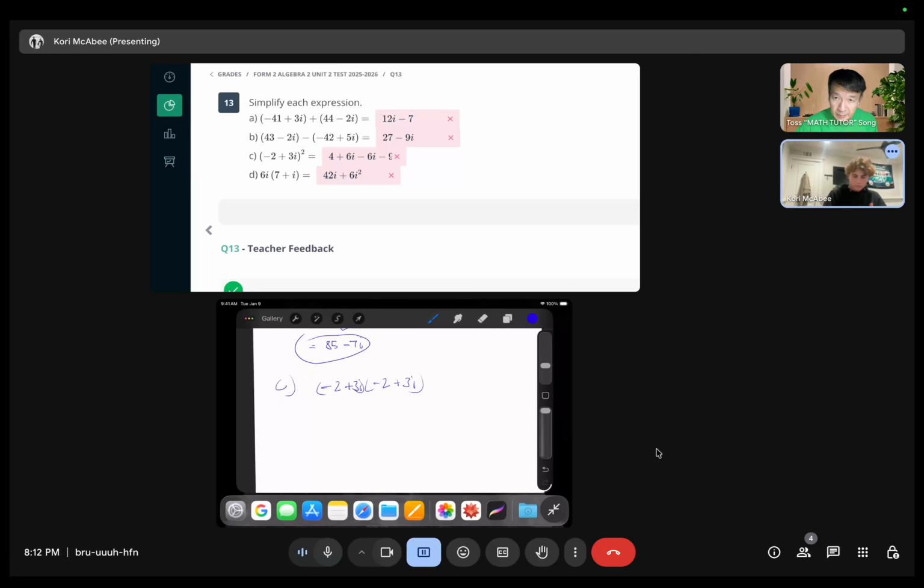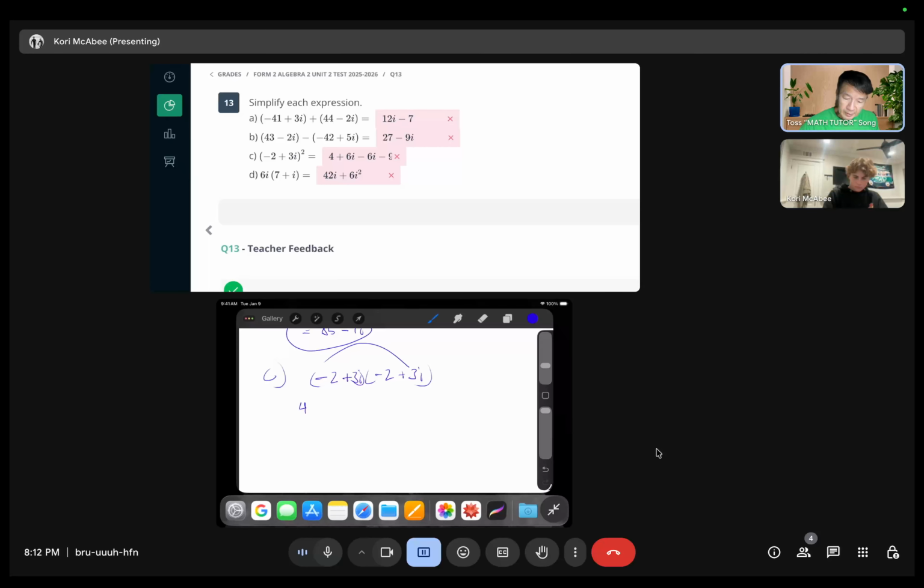So rewrite it twice and then FOIL it. First, negative times negative is positive 4. Outside is a negative 6i. Inside is negative 6i. Last, it's a plus 9i squared. But keep in mind, i squared is going to be negative 1.